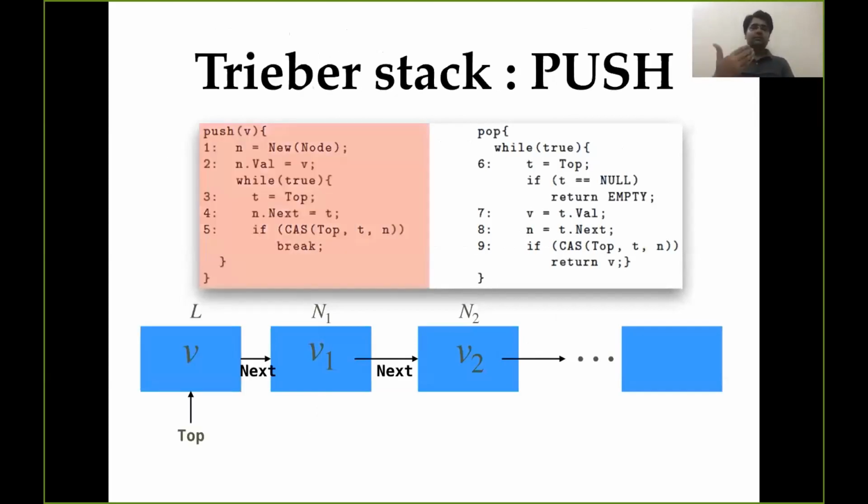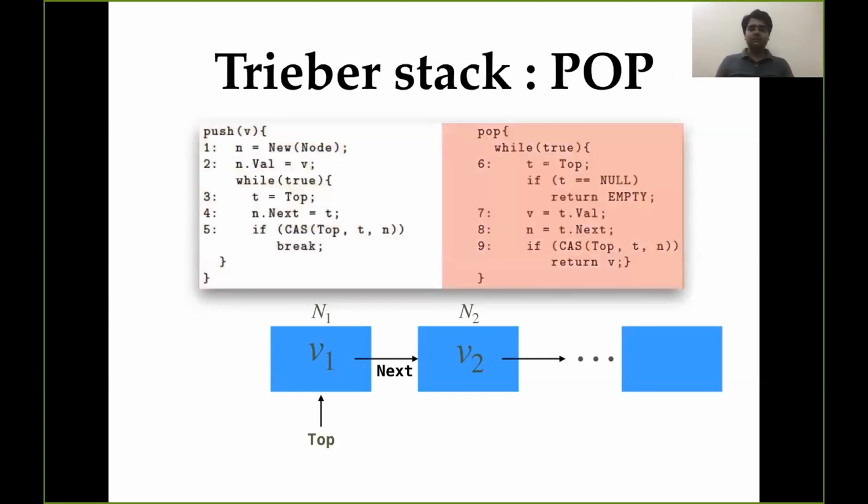So when a new element is to be pushed, let's say of value v, a new node L is created to store the value v, and the top variable is updated to point to the newly inserted node L. The next pointer of the newly inserted node L is pointed to the previous top of the stack.